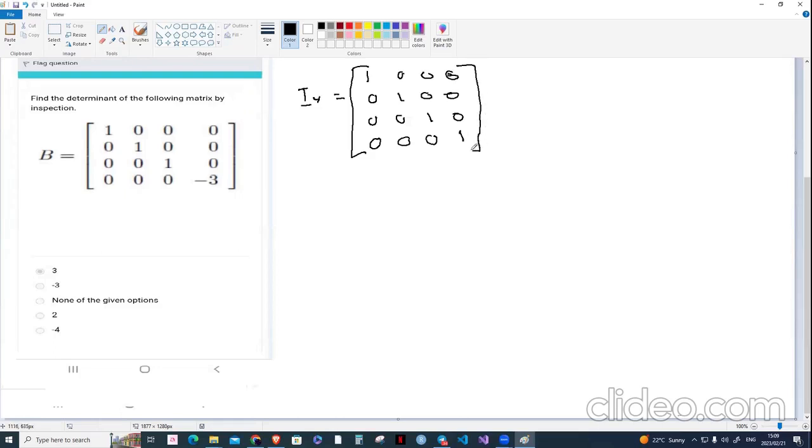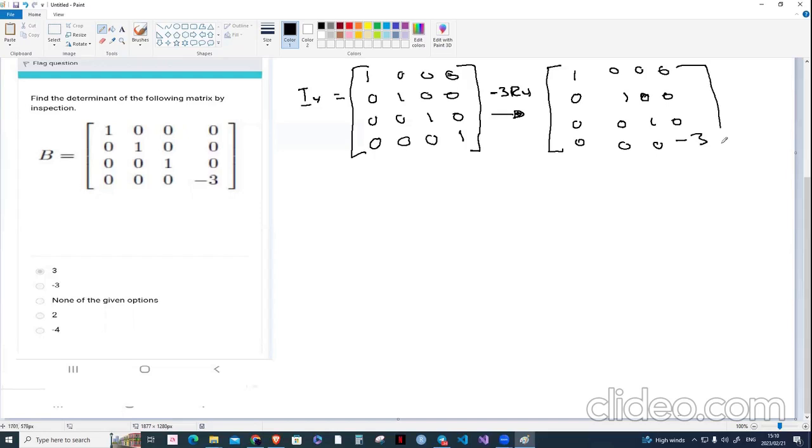So to move from this to this, what we did was we said minus 3 times row 3. Then we got B, which is 1 0 0 0, 0 1 0 0, 0 0 1 0 and 0 0 0 minus 3. Then we got our matrix, this one, which is B.